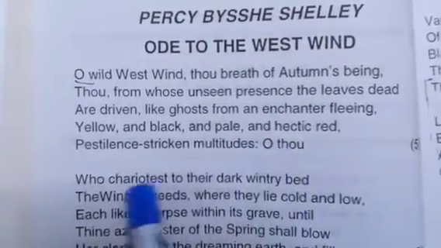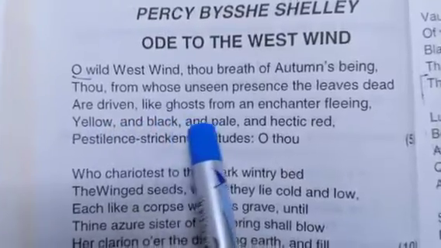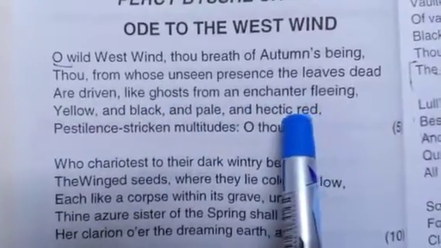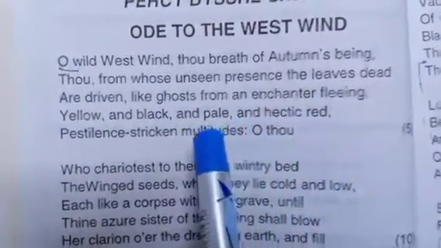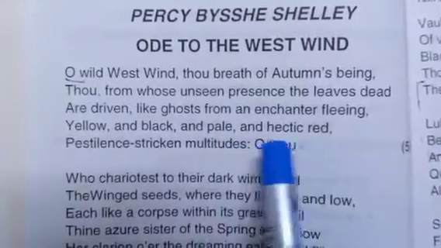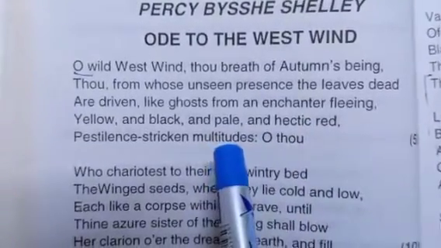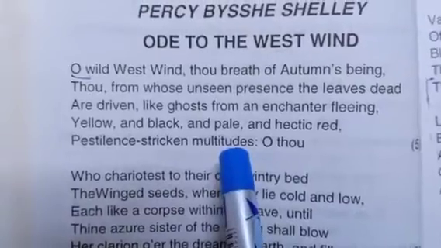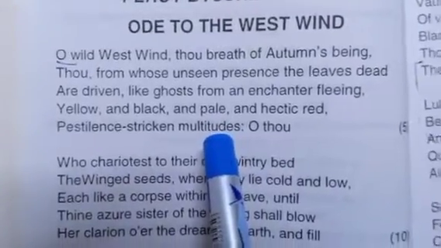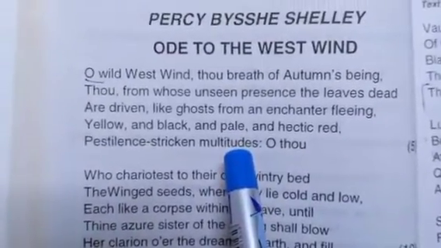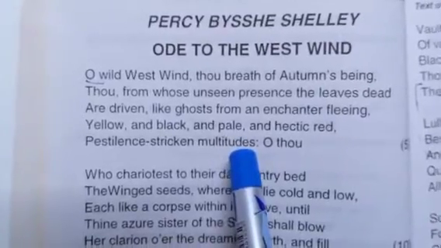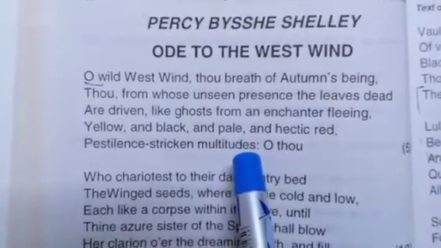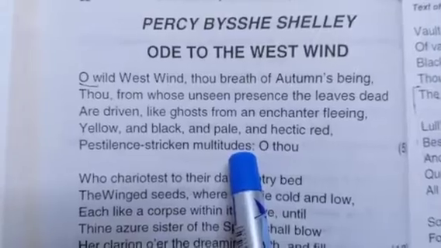Yellow and black and pale and hectic red. The leaves are of various colors and appear to be afflicted with some sort of disease. We can say when some epidemic breaks out, the people of the area run away from that place. In the same way, the dead leaves, frightened with the presence of west wind, are running breathlessly.